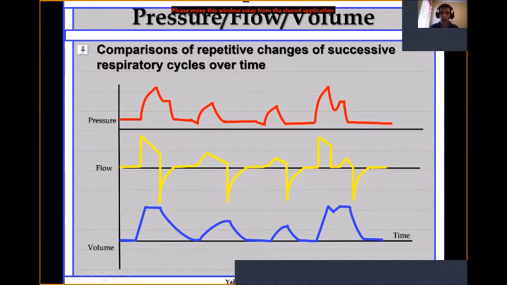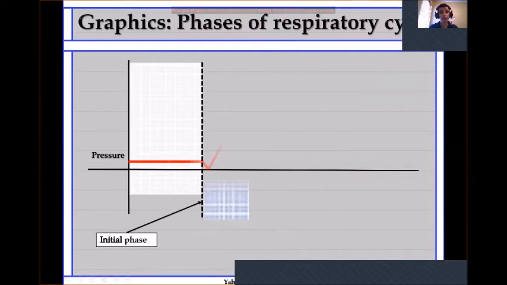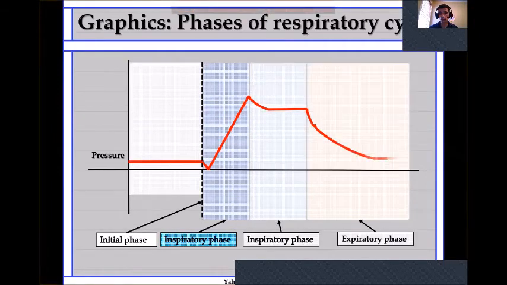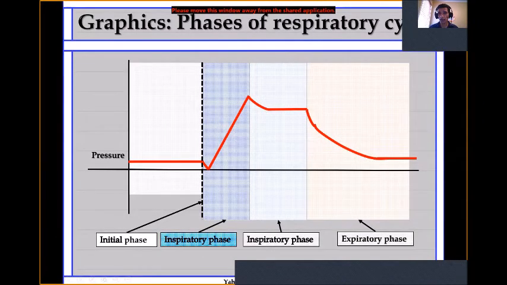Again, these are graphics. They show us the changes of the three parameters with the respiratory cycle. Also, the graphics will show us the respiratory cycle. You can see it will show us the initiation of inspiration. This is pressure, and you can see the patient is triggering because the patient goes down, creating negative pressure, expanding the chest, and then starting the breath in.